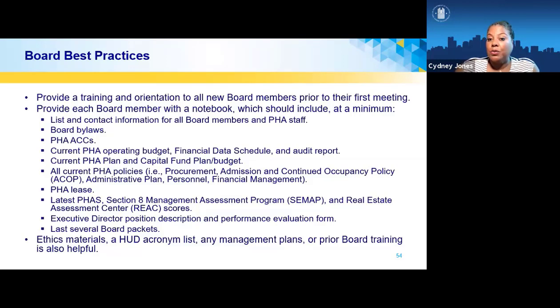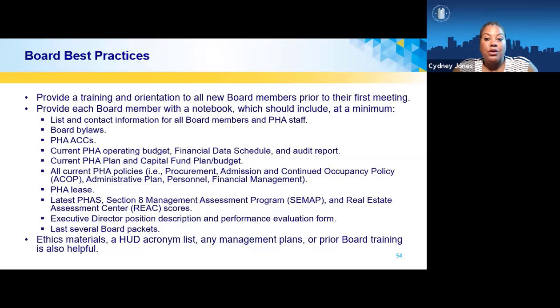The PHA lease, what are we requiring of residents? The most recent CMAP and FOS scores, those are our key performance indicators. And the executive director position description, performance evaluation form, and performance goals. Also, your last several board packets is something that's great to take a look at if you're a new commissioner, to see what's been voted on recently and what are some agenda items that have come before the board.